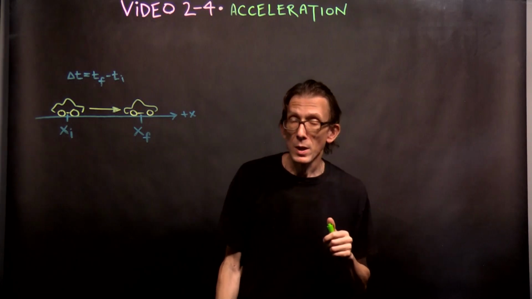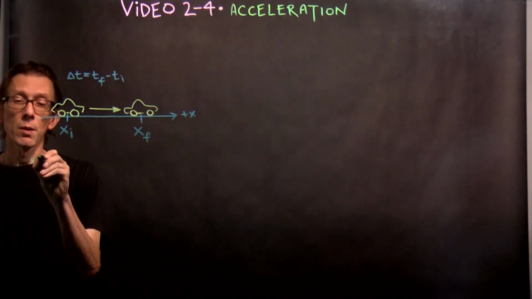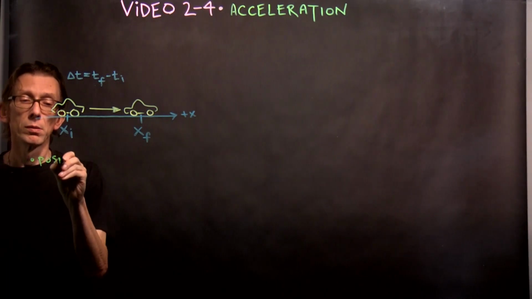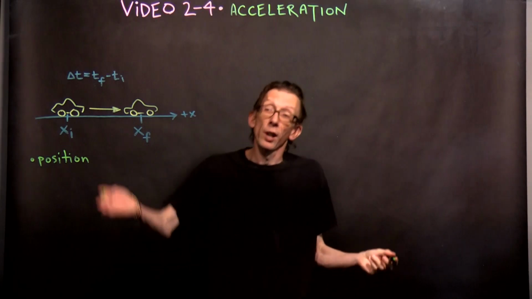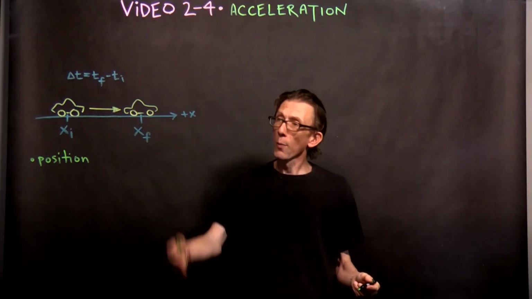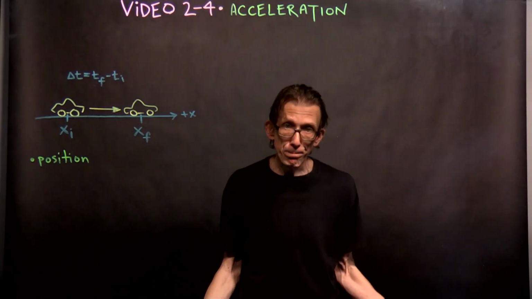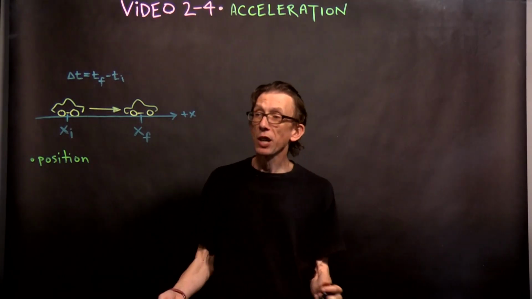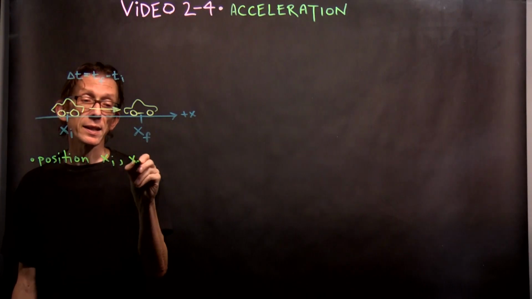Okay, the first idea, of course, that we talked about this semester is position. That is, remember, just the location along that axis. Somewhere there's an origin. I didn't draw the origin. You don't have to draw it every time. Okay, but position, in this case, you know, xi and xf.